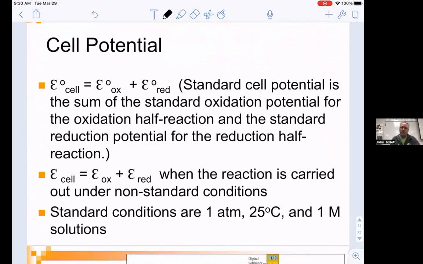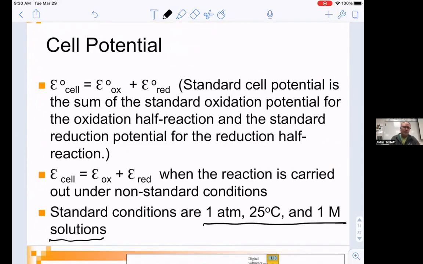The standard cell potentials that you see on a chart are standard values, and the conditions down there on the bottom are 1 atmosphere, 25 degrees C, and 1 molar solutions. That's the same as it is for delta H, delta G standard values, and entropy values as well. If you take that value off of a table, it's going to be a standard value. If you actually measure them in non-standard conditions, which would be an experiment, then those values won't be the same.